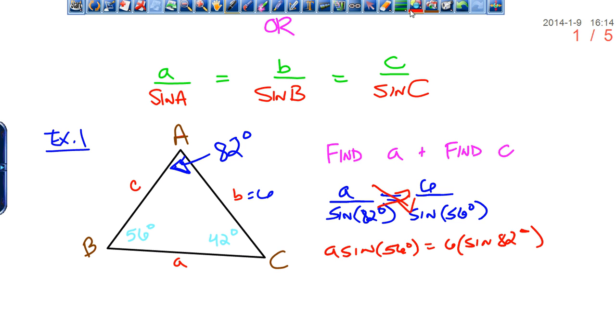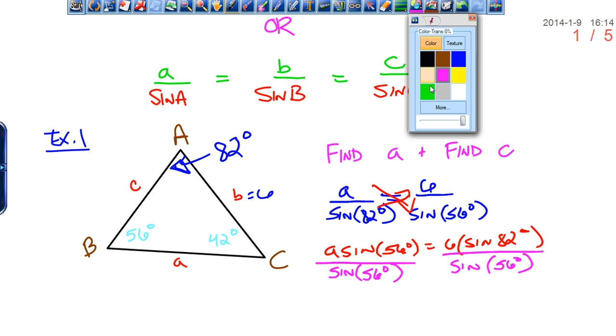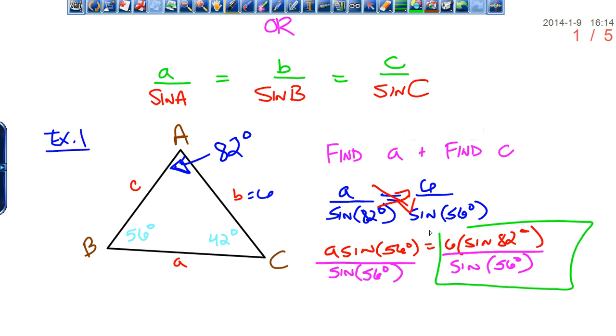And then from there, I'm just solving for A, so I'm going to end up dividing by whatever's on this side that's not A, so sine of 56 degrees. So really all we're doing in the calculator is putting this whole thing in: 6 times sine of 82 divided by sine of 56. When you do that, you should get that A is about 7.16.